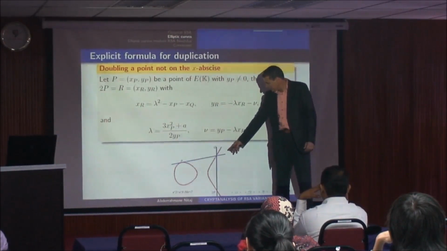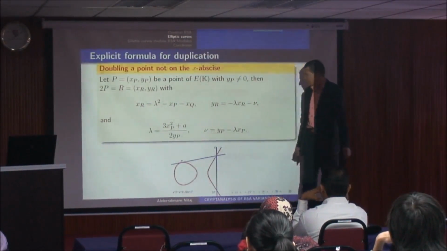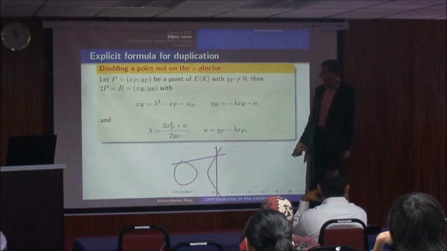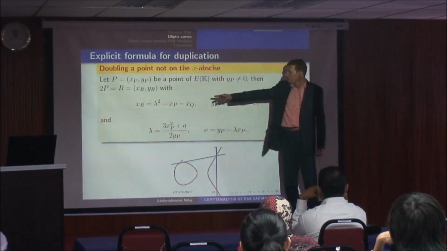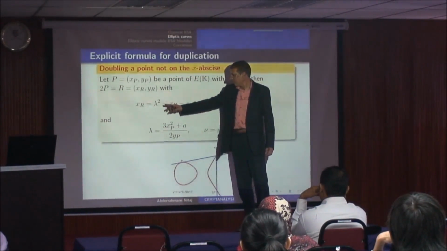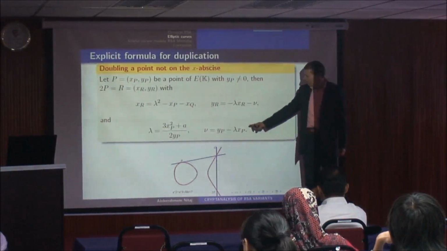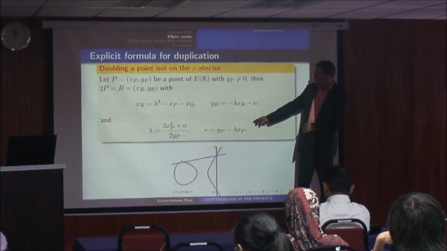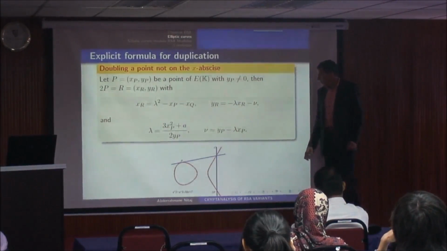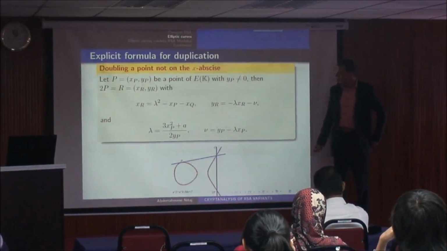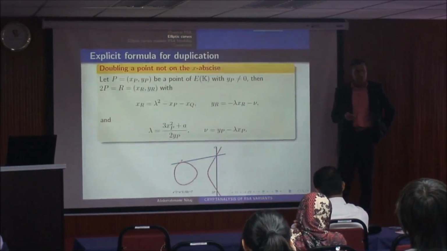First we draw the tangent line and the vertical line, and we can get the 2 times P situation, and we can get an explicit formula for doubling the point P. We find that 2P is R with coordinates xR and yR. xR is like this, and yR is also like this, and the parameters for doubling the point are lambda and mu. We can compute these parameters using software for implementing the arithmetic of elliptic curves.